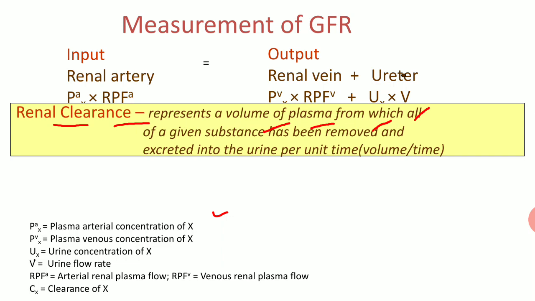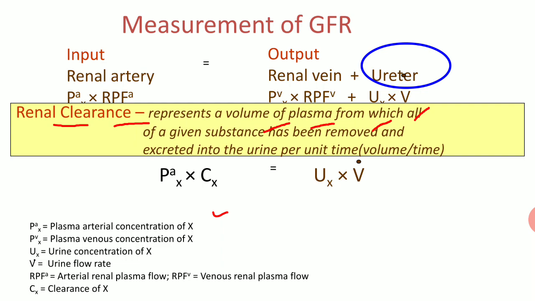Okay, for learning the definition, start with the volume. It represents a volume of plasma from which all of a given substance has been removed and excreted into the urine per unit time.